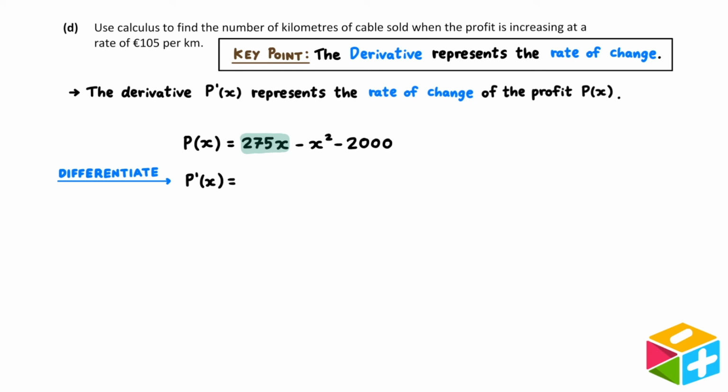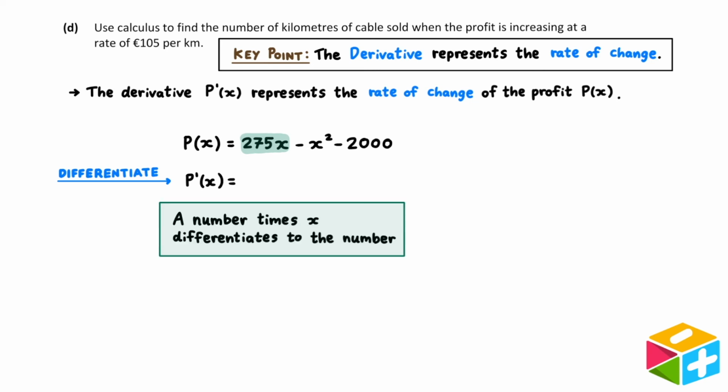Let's start with the 275x. There's a useful differentiation fact which says that a number times x differentiates to the number. So 275x will differentiate to 275.